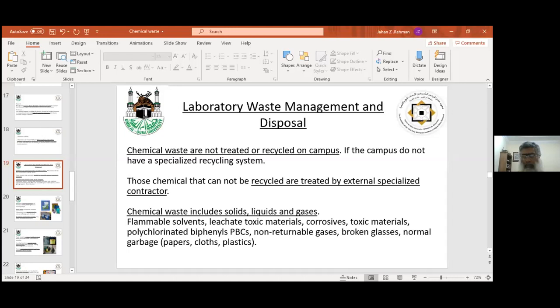Treatment or recycling of chemicals, not 100% of them, but most of the chemicals is possible.